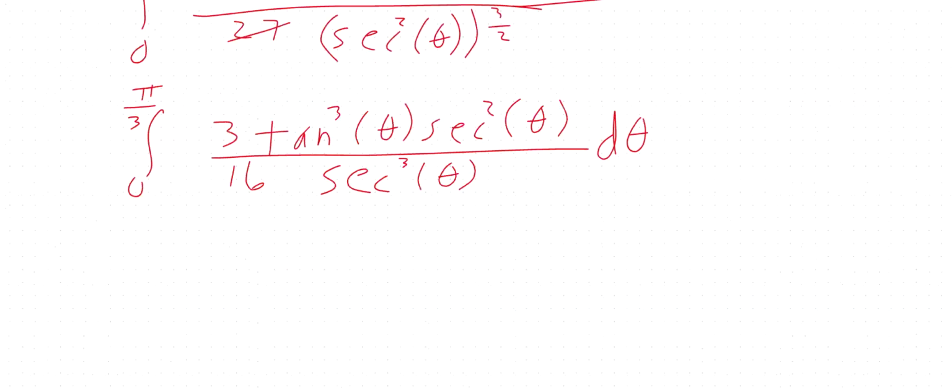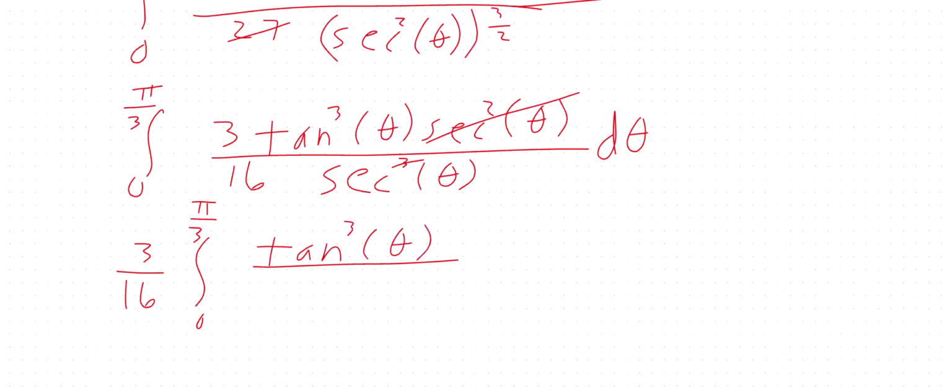And now we can pull this out front. Excuse me, our secants can simplify a bit. And again, that should be an absolute value of the secant on the bottom. But if we restrict our thetas to being first and fourth quadrant, we can.